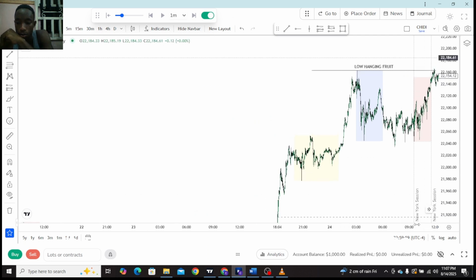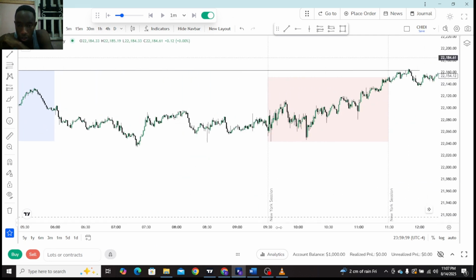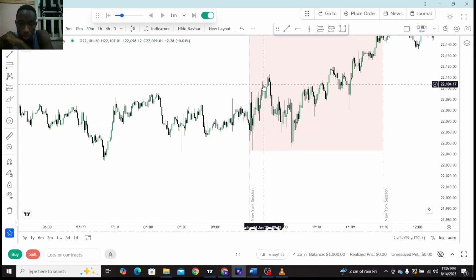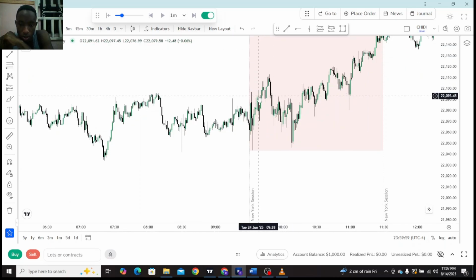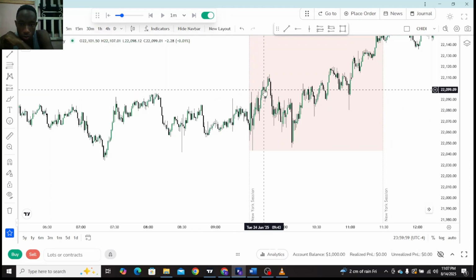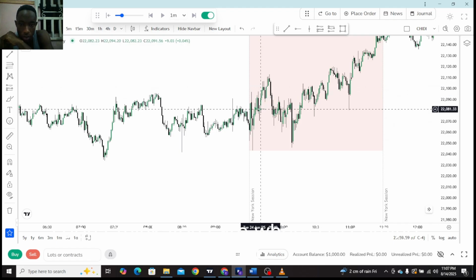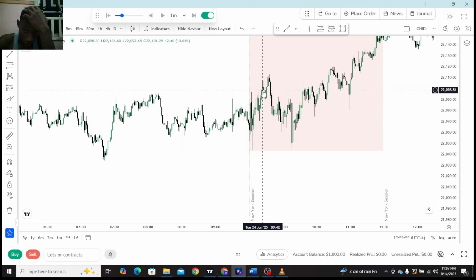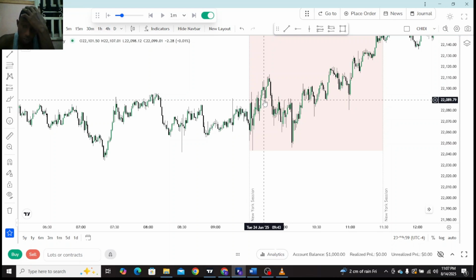Even though we were expecting a smart money reversal, this is not a displacement. This is not a big move. I don't think you get where I'm coming from. Look at it. Price went down, gave me a market structure shift here, but the displacement is not what I should have been expecting to see.